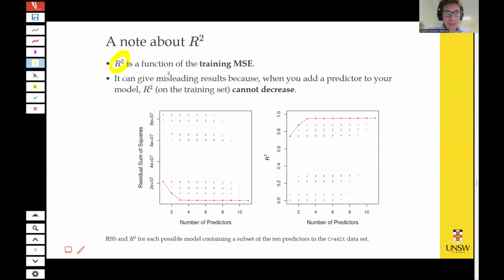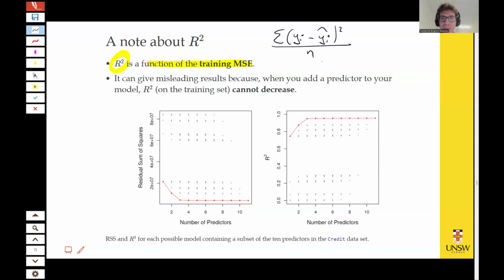Well, R squared is really a direct function of the training MSE. Yes, because we might write this explicitly. The training MSE, as defined in the first lecture, was the average of y_i minus its predicted value squared, so divided by the sample size.